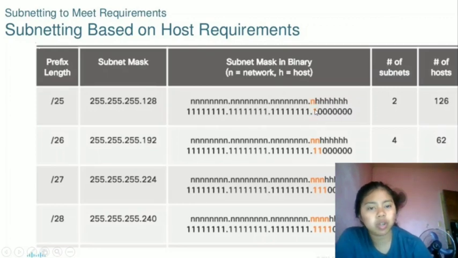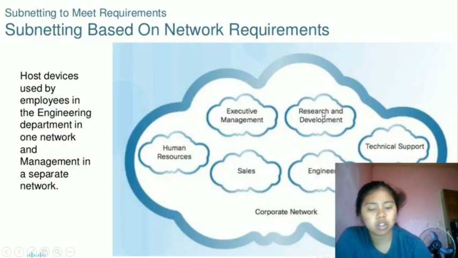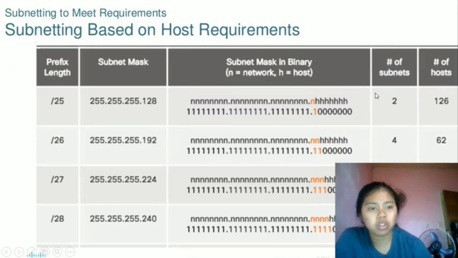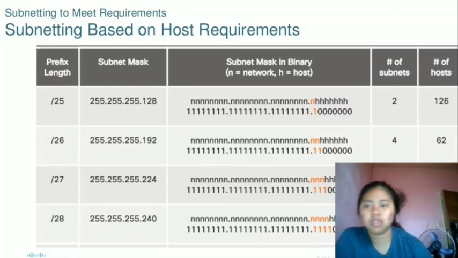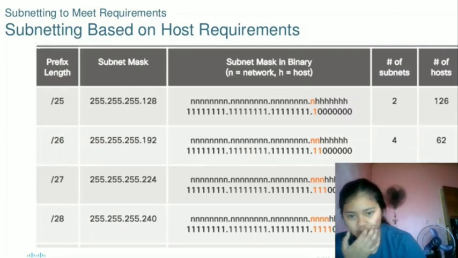So the network part is this and the host part is this. 2 to the first power is 2. 256 minus 128 is 128, minus 2 is 126. That's it. That is how you get the number of hosts. I hope you understand.